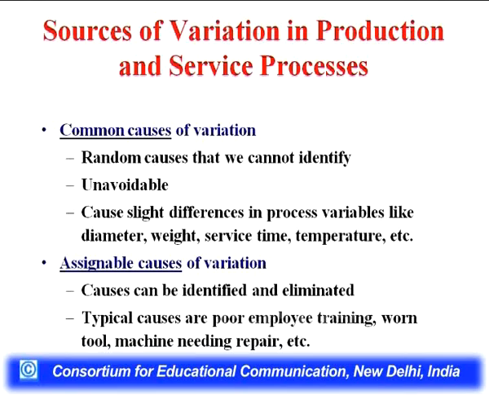So, there are two types of causes, one is common cause and other is assignable cause. Common cause is also called random cause. Random cause we cannot remove, but the assignable cause we can identify and we can remove it also, and we can get rid of this cause.